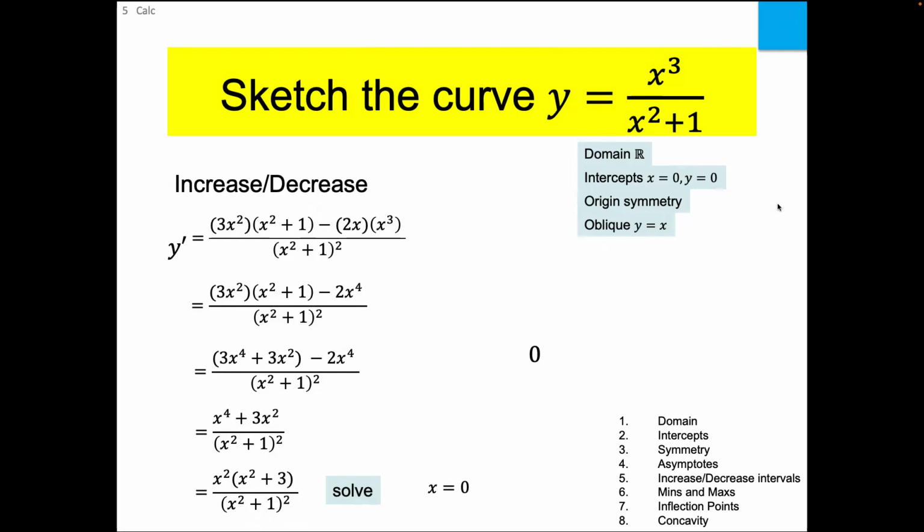That's positive, that's positive, positive. So that's going to give me a positive. What about 1? Positive. If everything's being squared or to an even power, everything's always going to be positive.